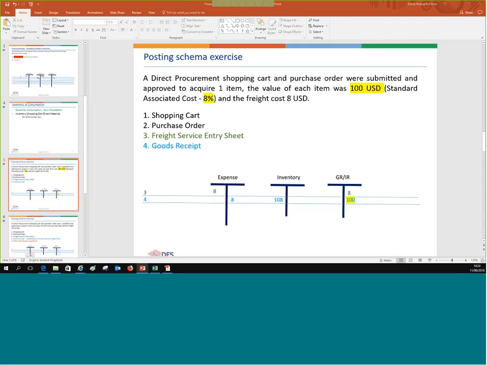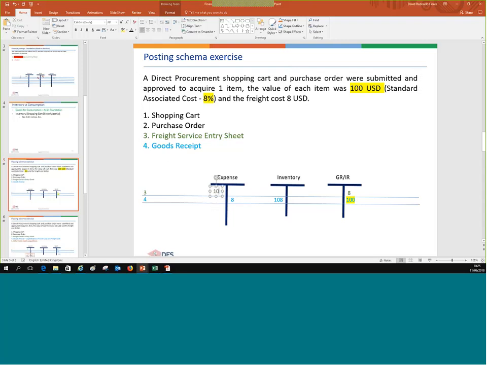So the point is that whatever we acquire, we are debiting the inventory account with the amount plus 8%. Now, in general, some of you are going to be a bit concerned because freight service might not be 8%, right?